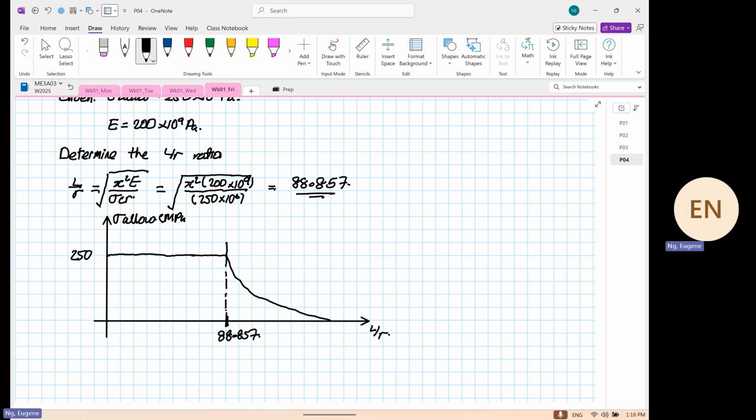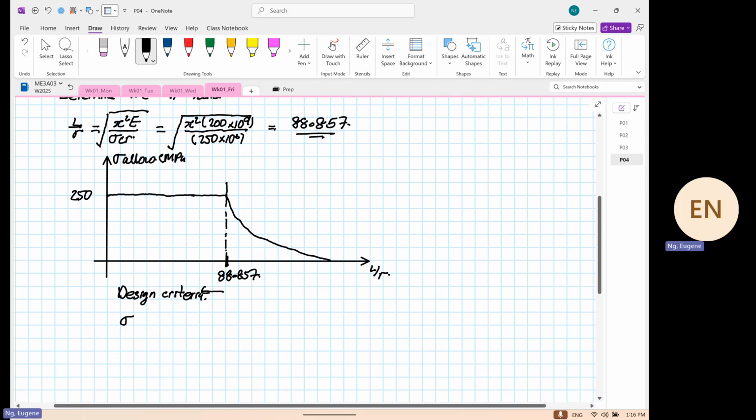So for this case, on this side, your design criteria is what?